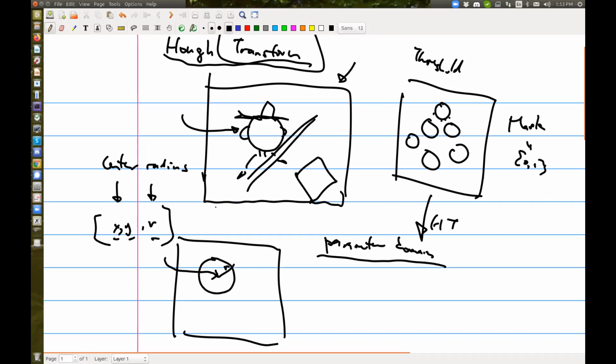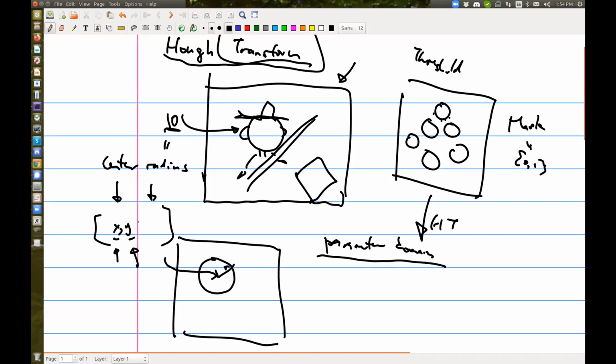Let's say I assume the radius is the same for all, maybe equal to 10 pixels. I'm looking for circles in this scene, and I already know that all the circles will have radius 10. Then my parameter space can reduce a little bit, so we'll only have two parameters now, only the x and y location here.